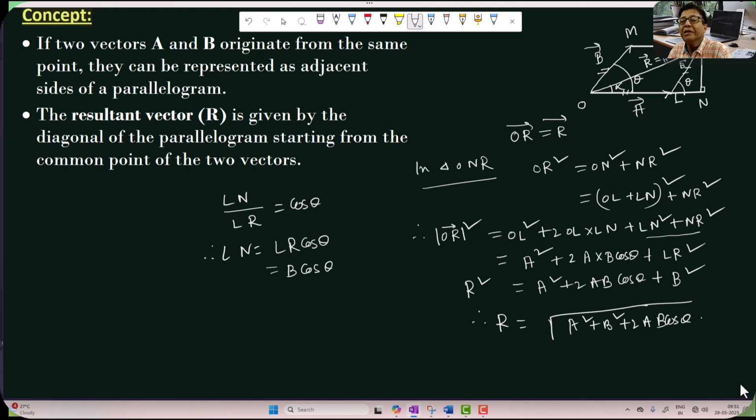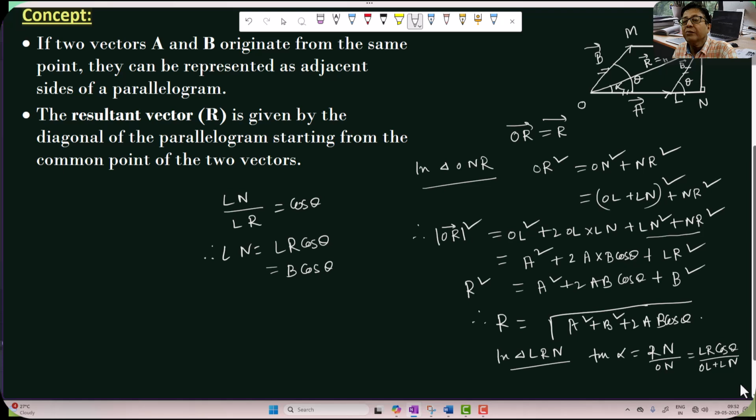The angle made by the vector R with A vector be alpha. Then in triangle LRN, what do you observe? Tan alpha equal to RN by ON. RN is what?